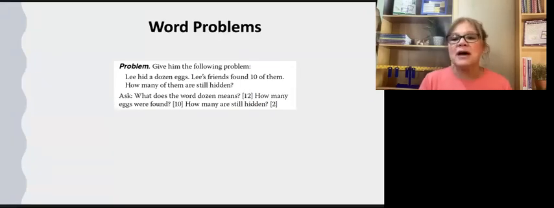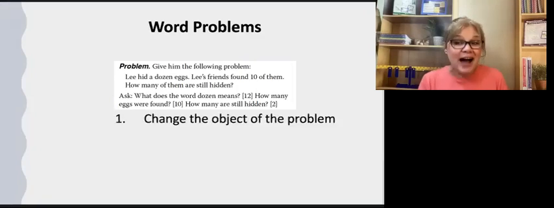Now, here are some other strategies you can use when solving word problems. First of all, change the name of the person in the word problem. Use the child's name or somebody that they know. Help them visualize the situation so that they can make sense of it. Now, I have changed the object of the word problem too, in order to engage my child into thinking and visualizing. As I said before, my daughter loved horses.